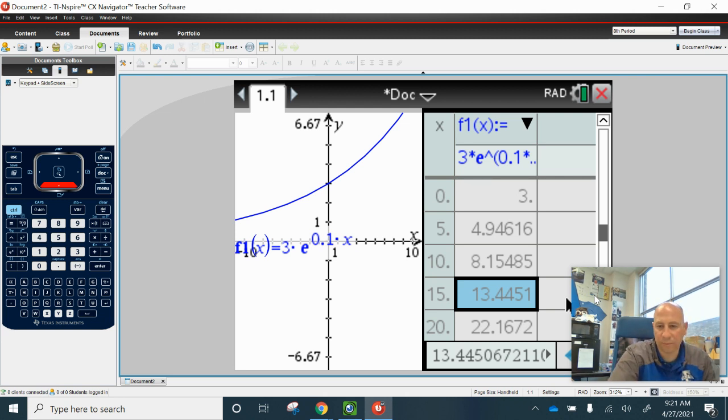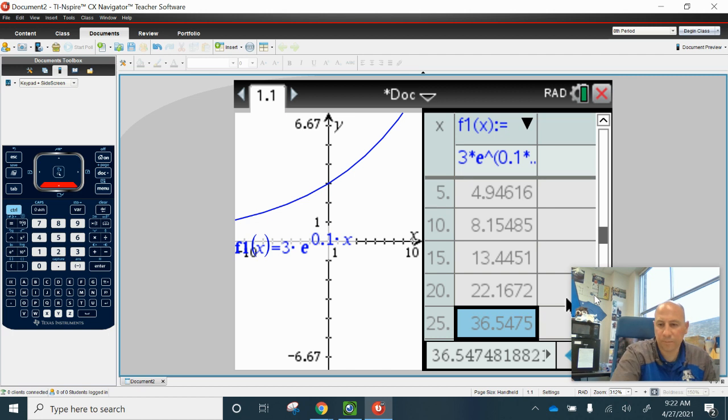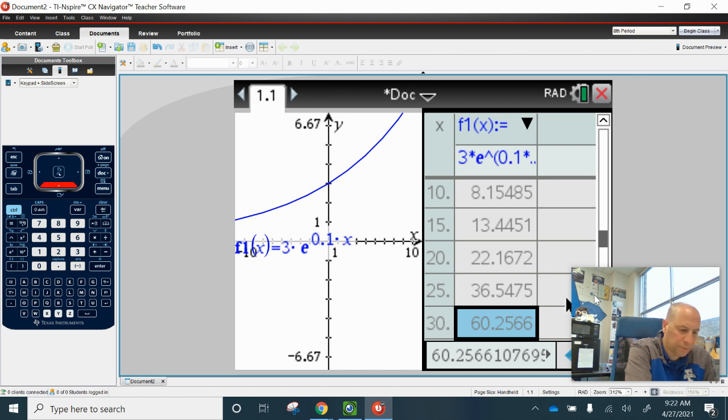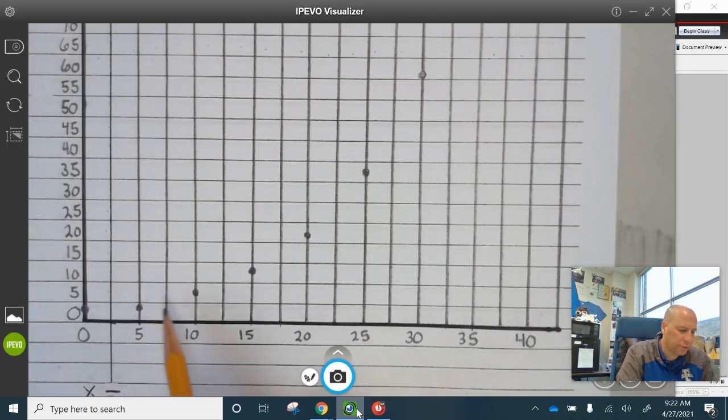They're not exact, so you're going to have to approximate them. 20, 22. 25, 36, 30, 60.25, 35, 99. I believe that's too high, so you have your points. And again, you'll notice that you just have to approximate those points.